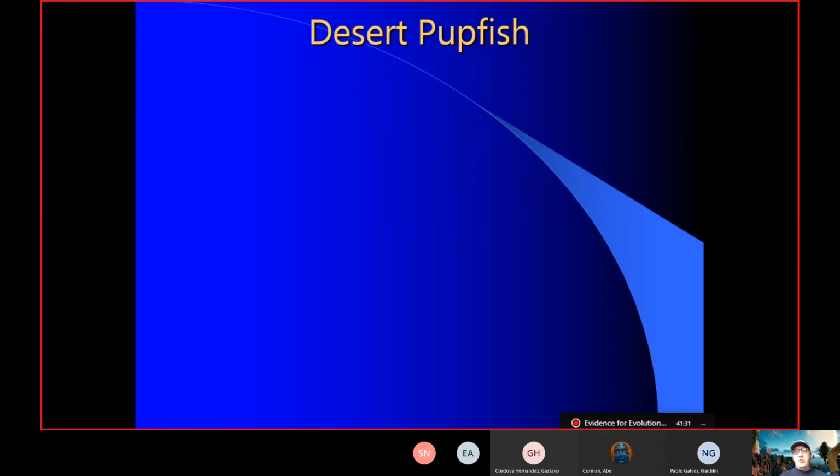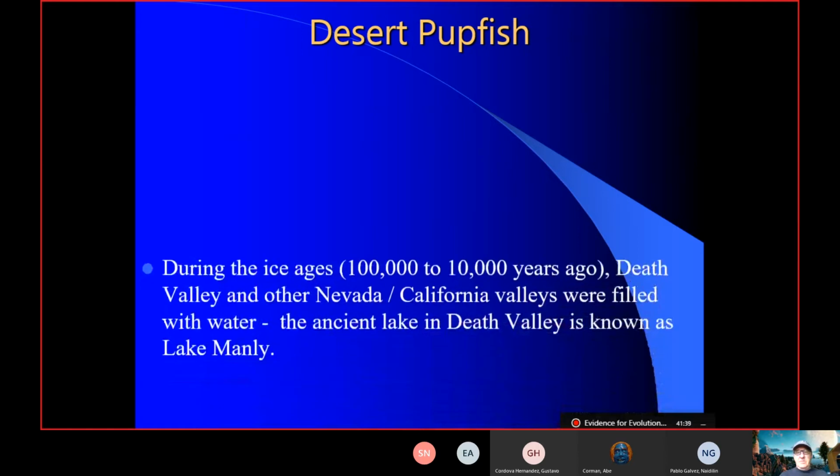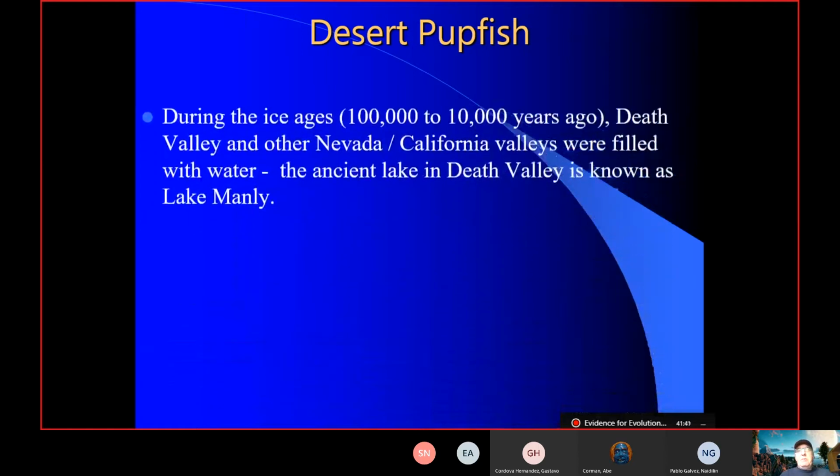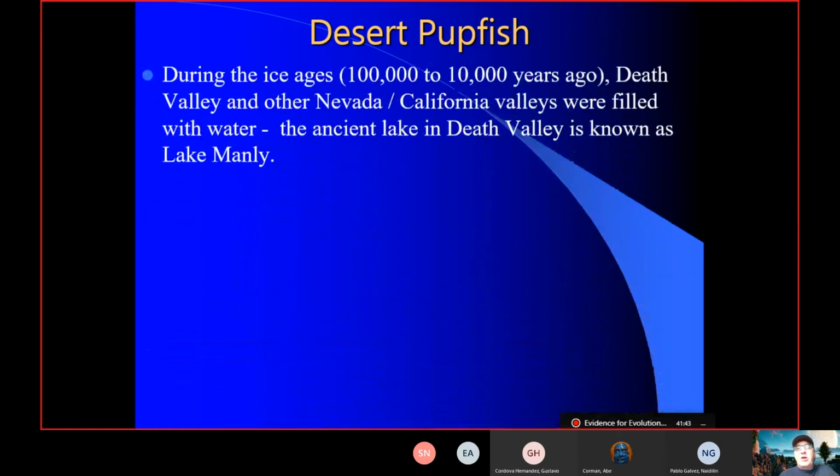Okay, closer to home. This is in California and Nevada. There is a type of small fish called a pupfish. These pupfish are called that, by the way, because the males battle with one another and look like puppies playing with each other, but it's actually the males fighting for mates.